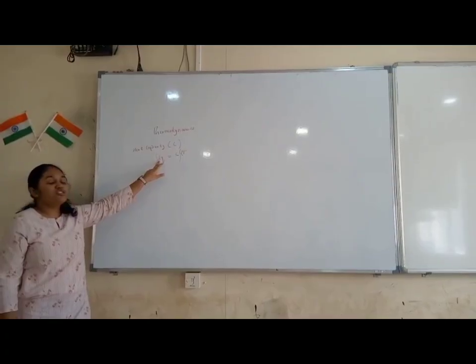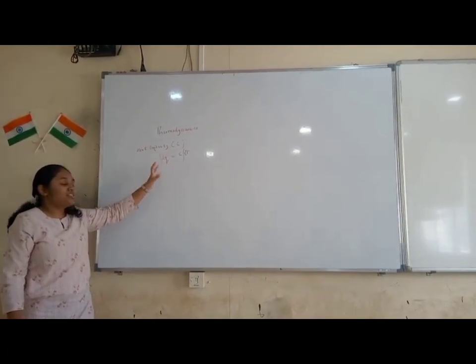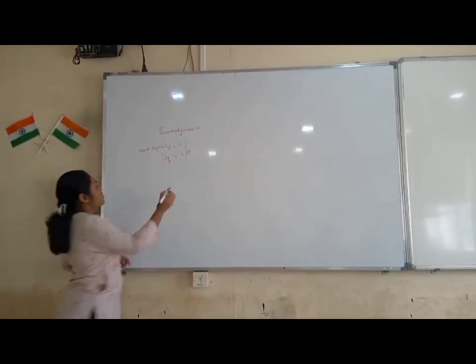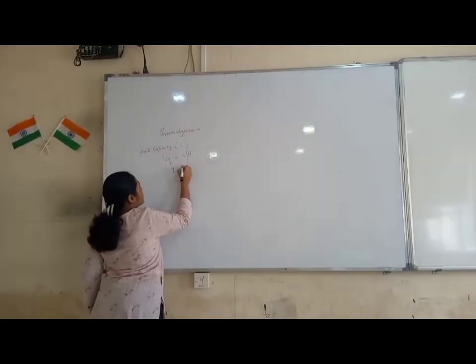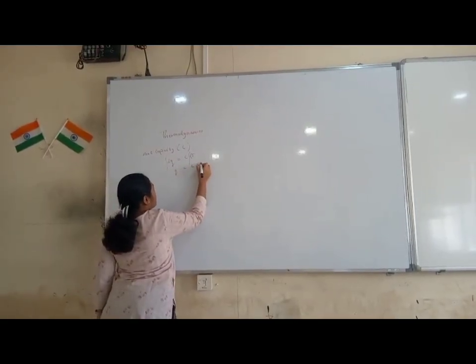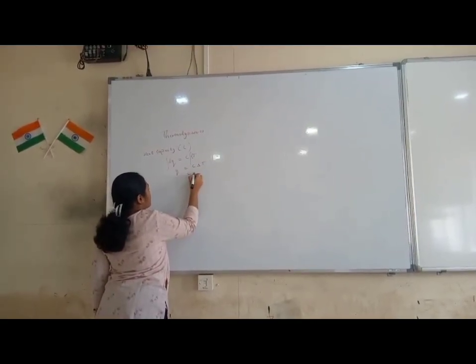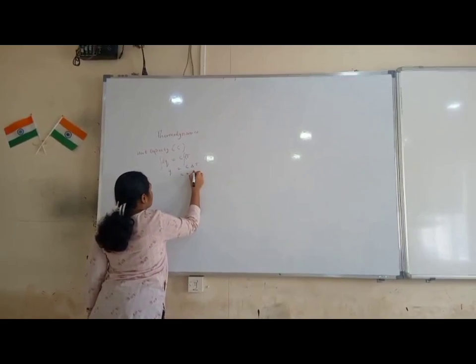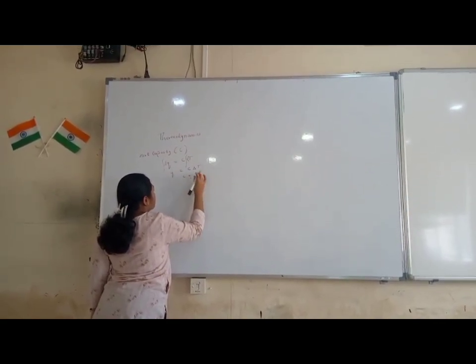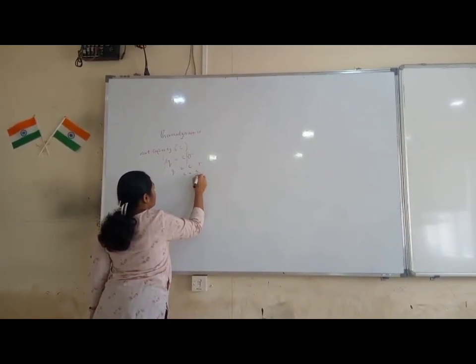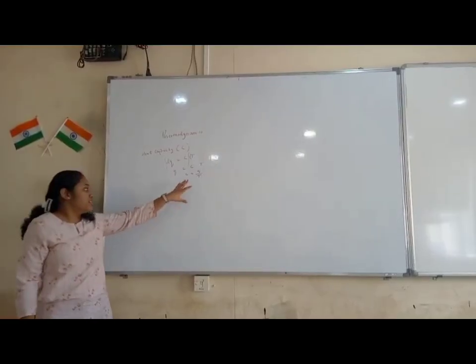Here d means small value, it does not mean small change, it's small value. So we get Q equal to C delta T. So it is the formula.